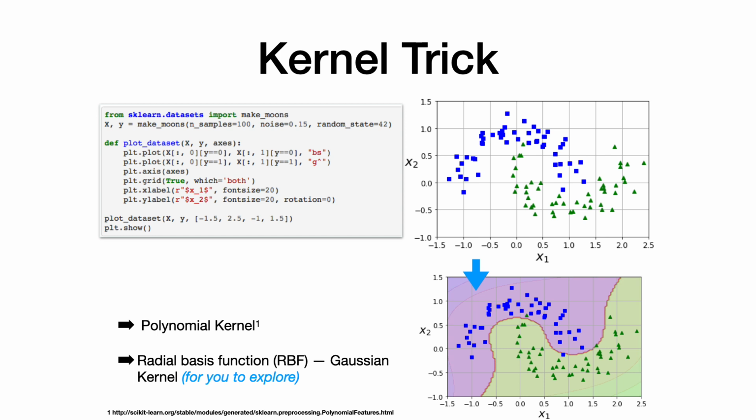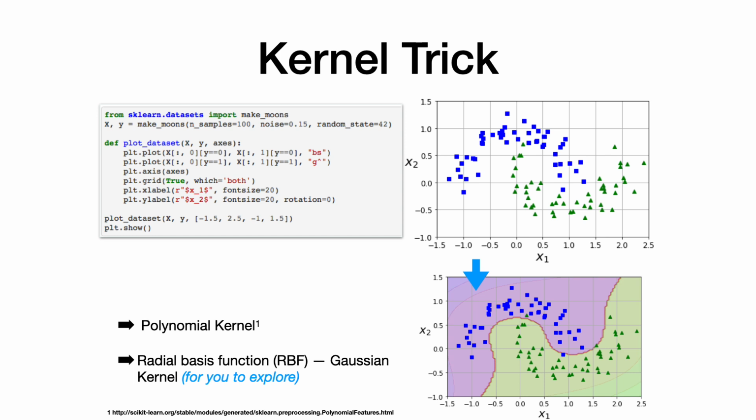That's instead of explicitly applying the transformations and representing the data by these transformed coordinates in the higher dimensional feature space. There's some maths here, so I'll leave it for another video.